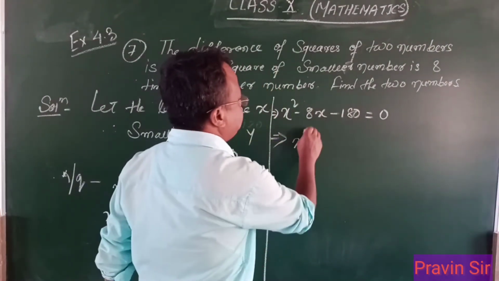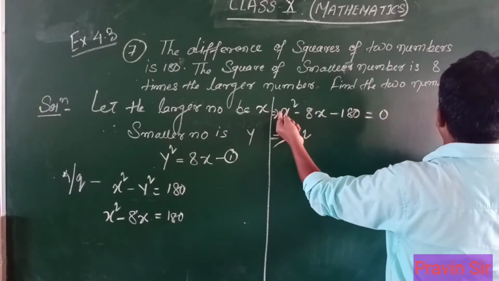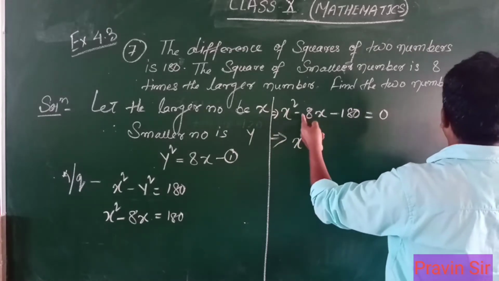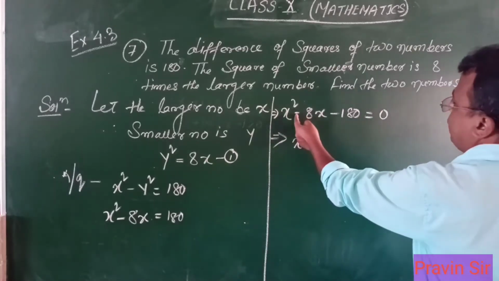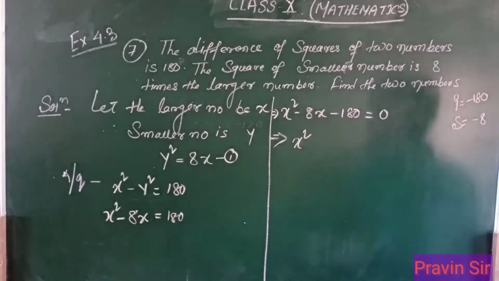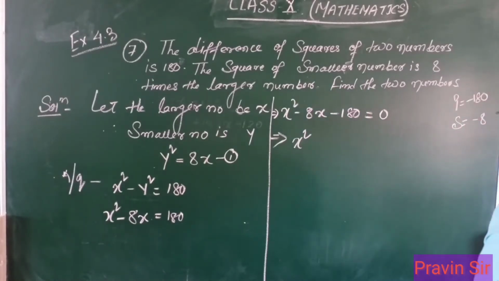So in x square minus 8x minus 180, the product is minus 180 and the sum is minus 8. Now you have to choose any two numbers which, when you multiply, give minus 180, and when you add, give minus 8.